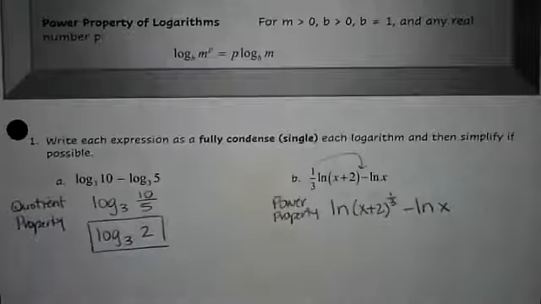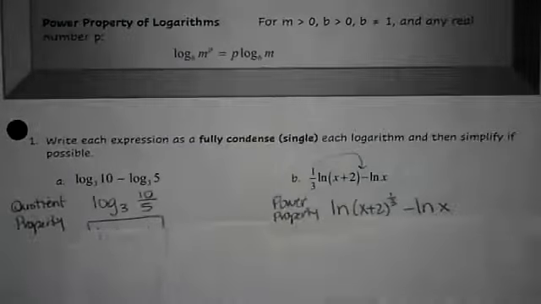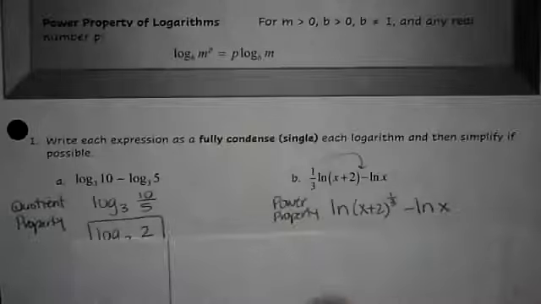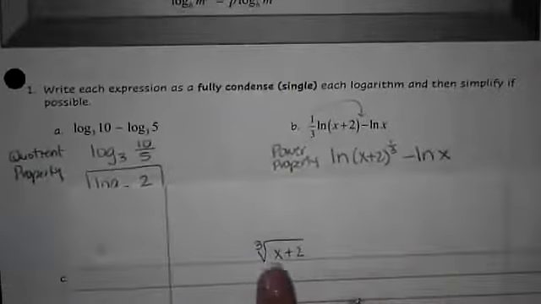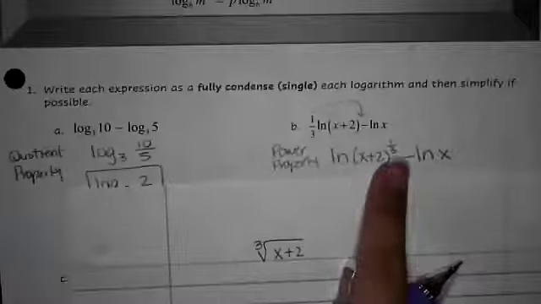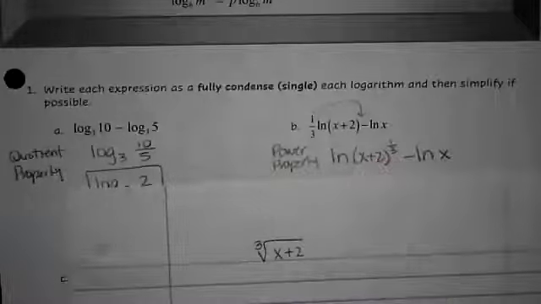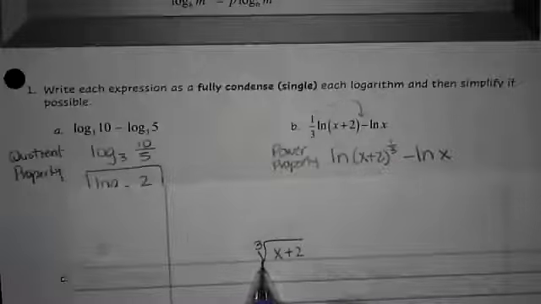This is a good time to go back and review something. That 1/3 power is the same thing as the cube root of x plus 2. In some cases, you're going to have to take it from that radical to that rational exponent. So I just want to remind you that that rational exponent, that fraction up there, is the same thing as putting it in the radical form.